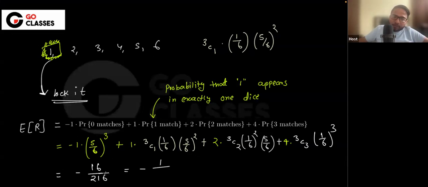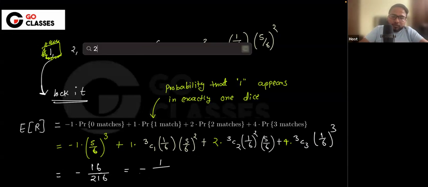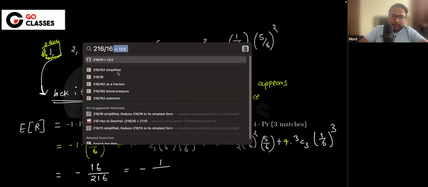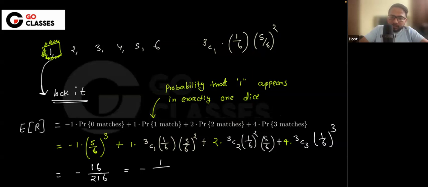Minus 1 upon, I think this is 11, or how much? So 216 divided by 16. Sorry, this is 13.5. Anyway, so this is not a whole integer, but that's fine. So minus 16 upon 216.